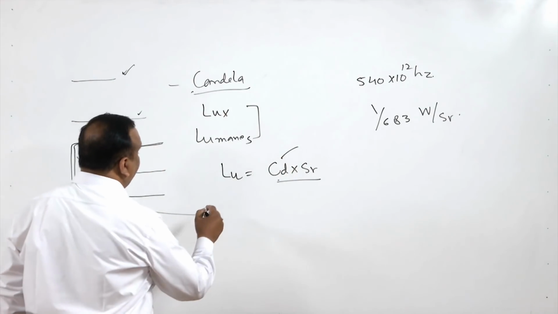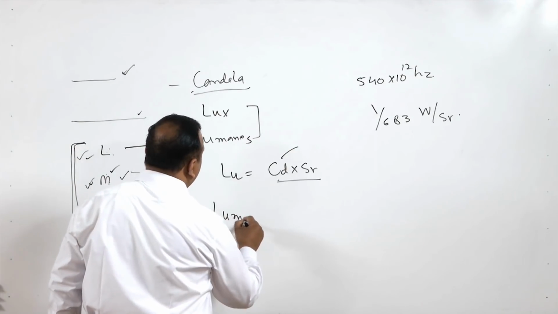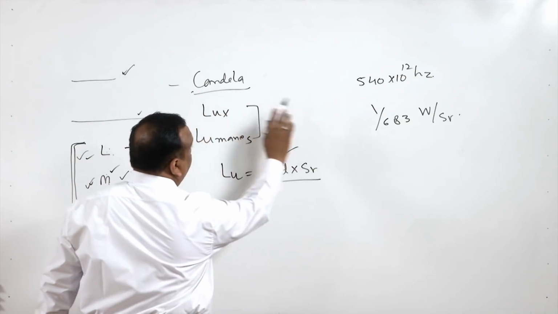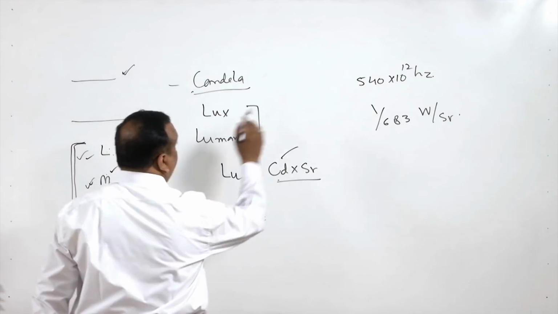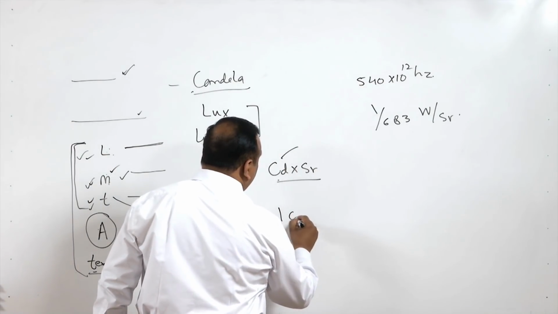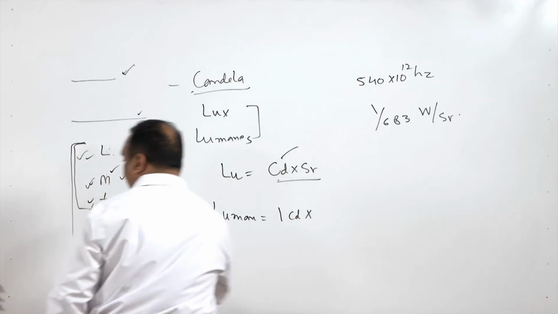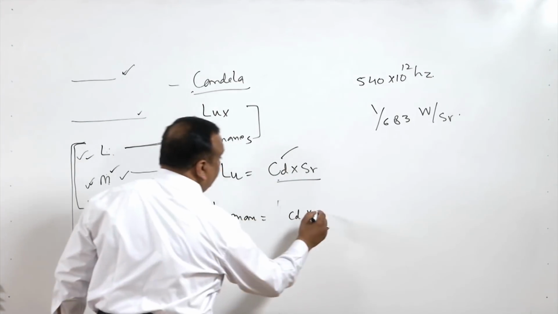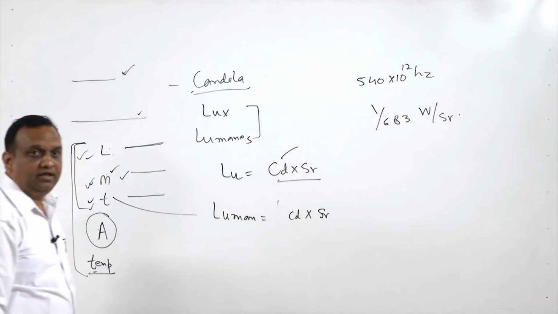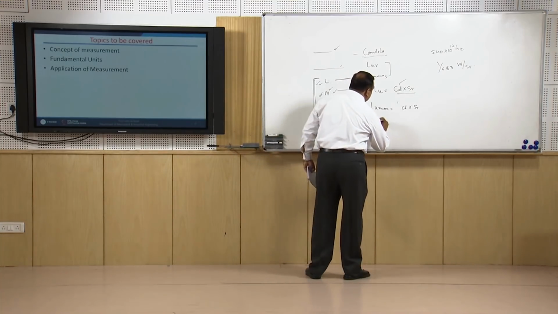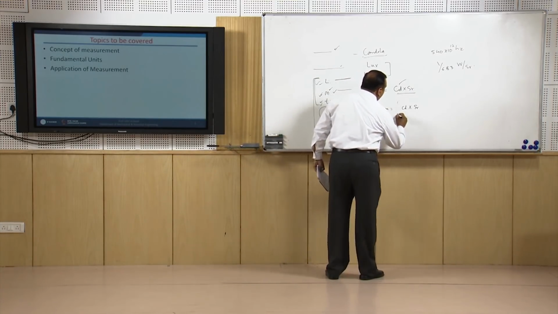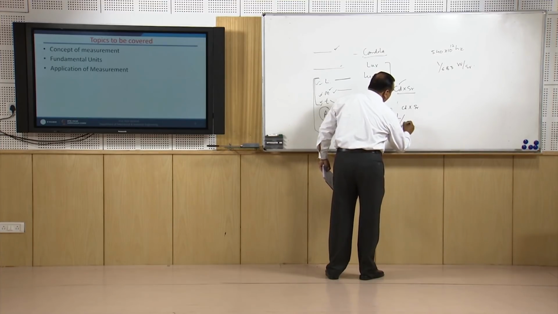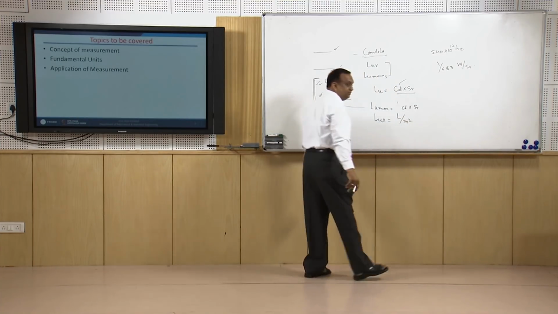So 1 lumen is equal to 1 candela multiplied by steradian, and 1 lux is equal to 1 lumen per meter square.